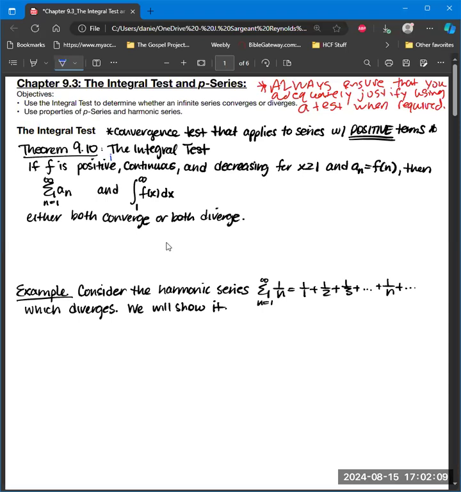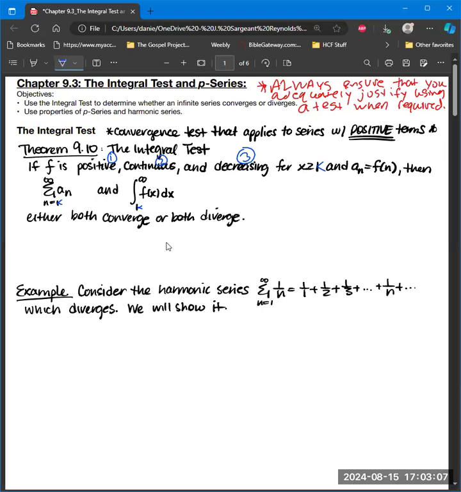There are our three conditions: that we have a function f that is positive, continuous, and decreasing for x greater than or equal to k, for no good reason other than k, it's easy to turn a 1 into a k, to infinity, and a sub n is equal to f of n.